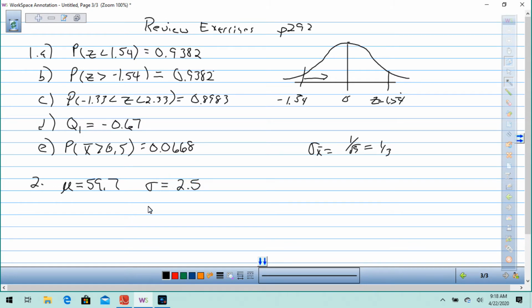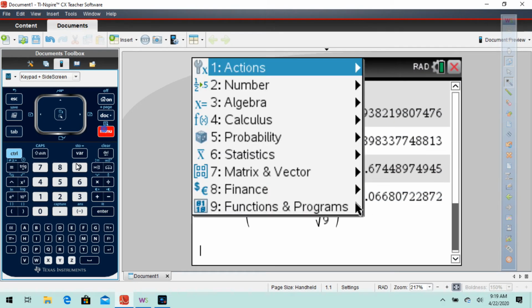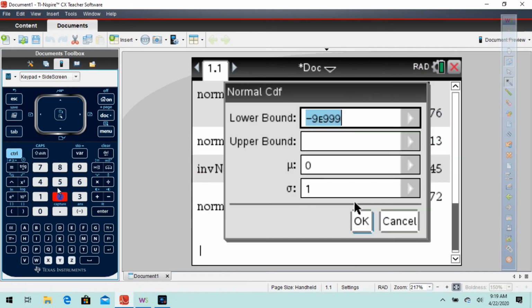All right. A, if an eye recognition security system is positioned at a height that is uncomfortable for women with standing eye heights less than 54 inches, what percentage of women will find the height uncomfortable? Menu 5, 5, 2, lower bound negative infinity, 54.